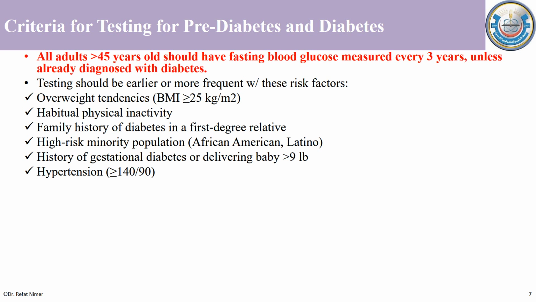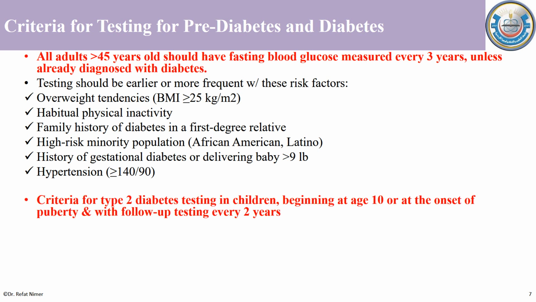Also hypertension, equal to or more than 140 over 90. The criteria for type 2 diabetes testing in children: beginning at age 10 or at the onset of puberty, with follow-up testing every 2 years.